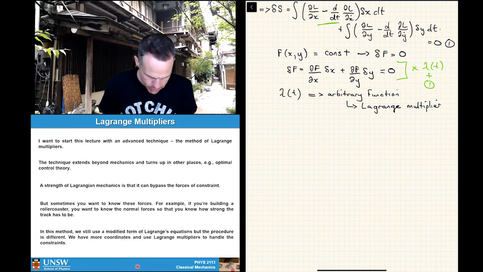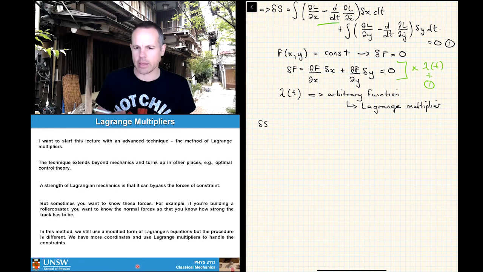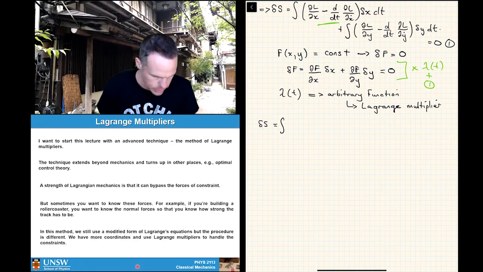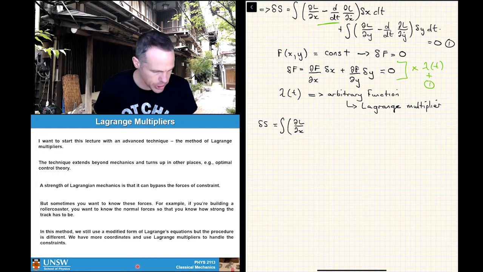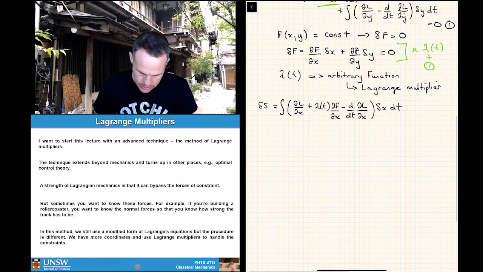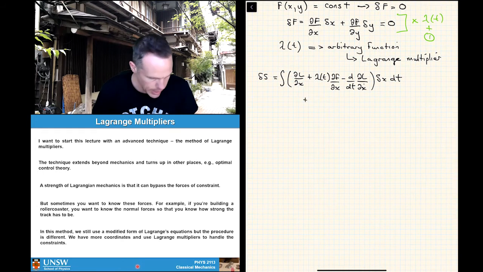And so what we would have here is delta S, and the way I'm going to add this in is I'm going to split the two terms onto the two sides. So this would be the integral of dL/dx. I'm going to shove it in the middle, so this is plus lambda of t df/dx minus d/dt of dL/dx-dot, times delta x, dt. It's a little bit short on space here, so let's add the second term down here.